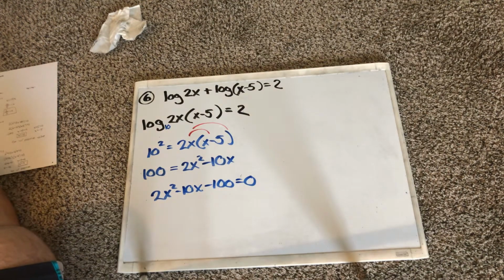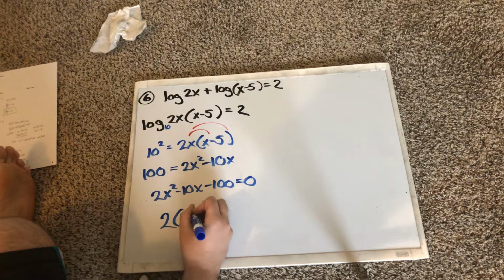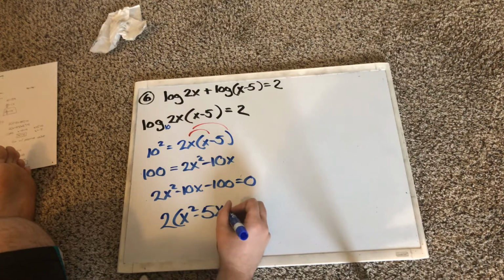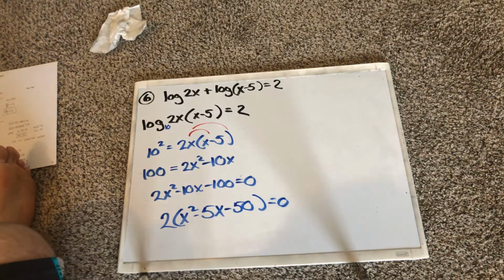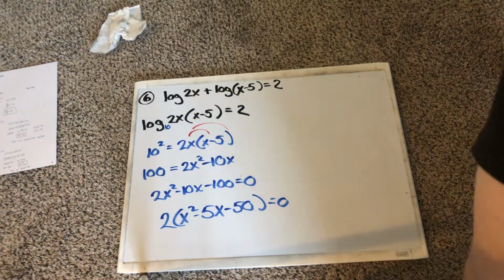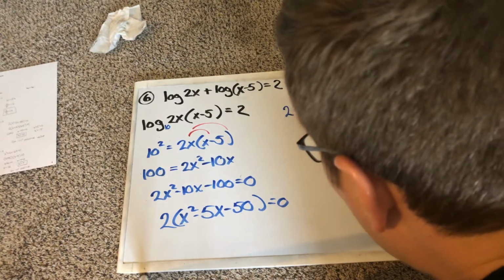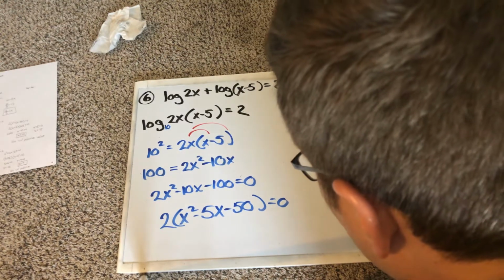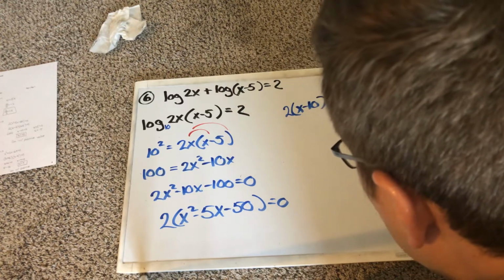First, when we factor, we always look for a GCF. So GCF here, I can factor out a 2. I get x squared minus 5x minus 50 equals 0. And I need two numbers that multiply to negative 50, add up to negative 5, negative 10 and 5 will do just fine. So I have 2 times x minus 10, x plus 5, set that equals 0.